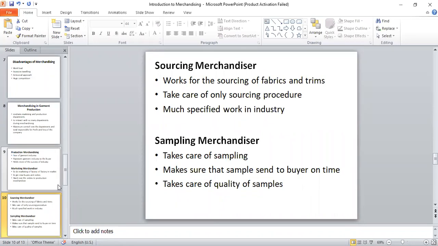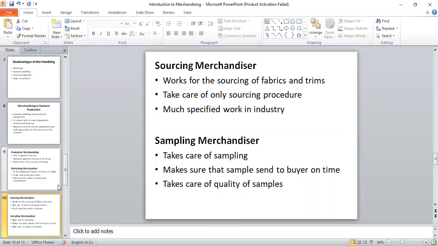He will take care of only the sourcing procedure, following up on fabric negotiation on cost and lead time with vendors. This is much specified work in the industry. In bigger organizations, this work is done by different persons. The production merchandiser will give only the specification related to the fabric and trims.